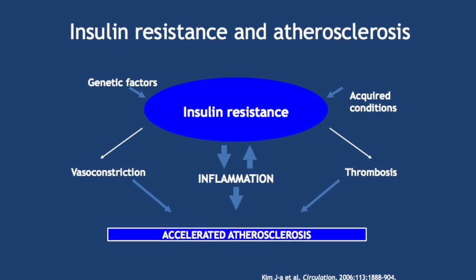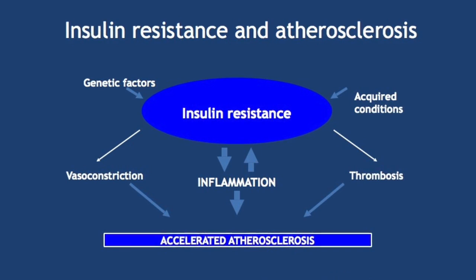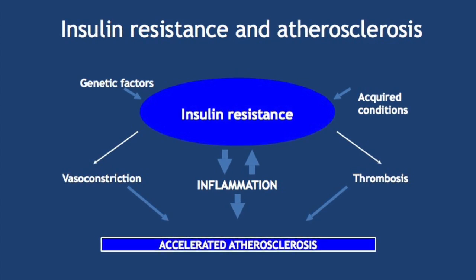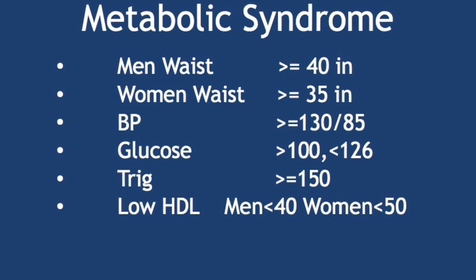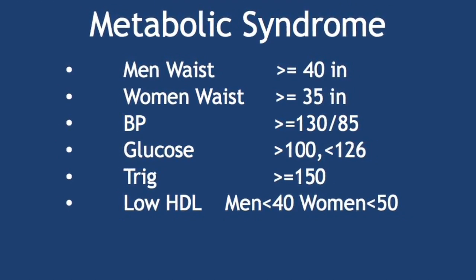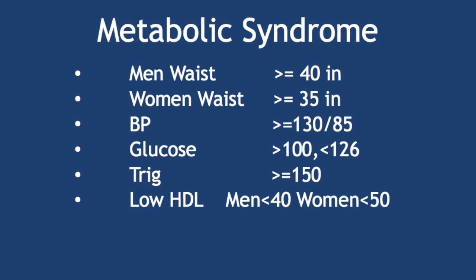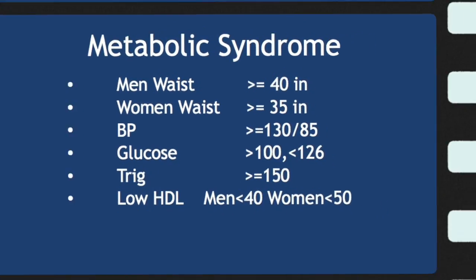And it leads to inflammation and therefore accelerated atherosclerosis. Again, the 5 criteria of metabolic syndrome: waist size, blood pressure, glucose, triglyceride, and low HDL.